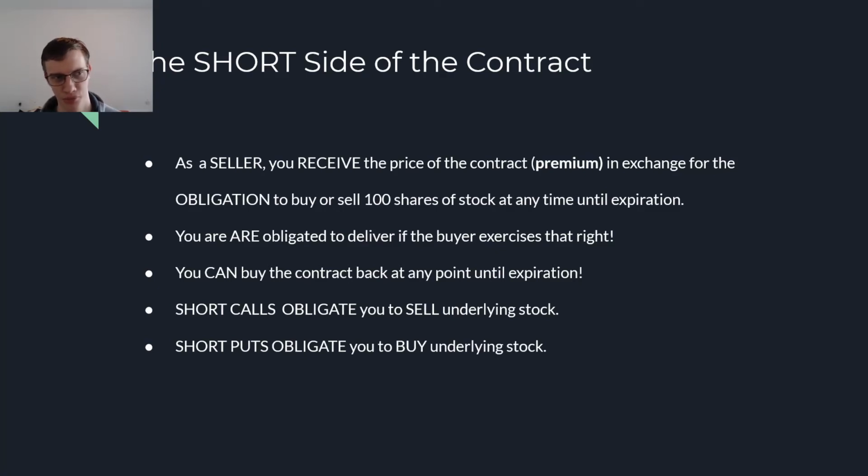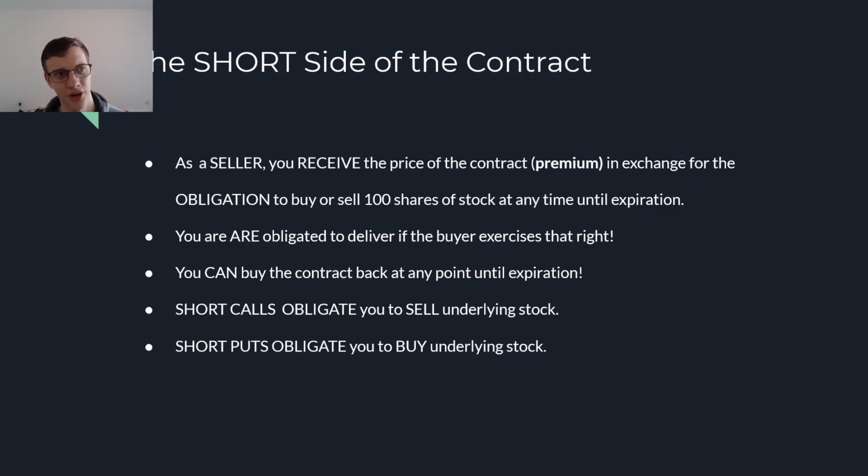So here's where things get kind of tricky. These last 2 bullet points right here, I'm going to spend quite a bit of time on these because you kind of have to invert everything and do some mental gymnastics here. If a buyer is buying calls, a buyer on the long side has the right to purchase stock at the strike price.